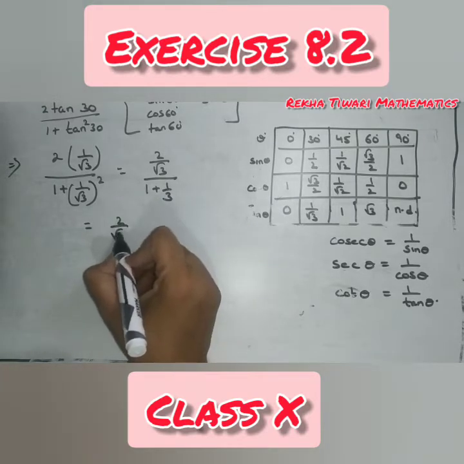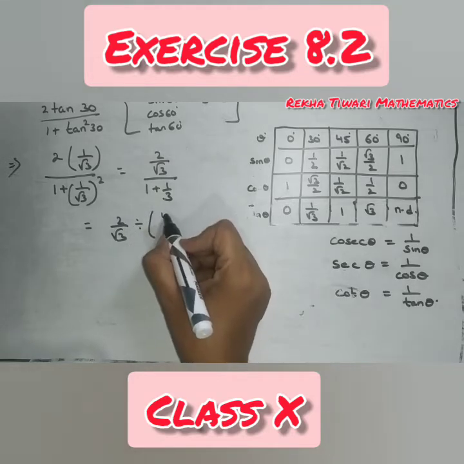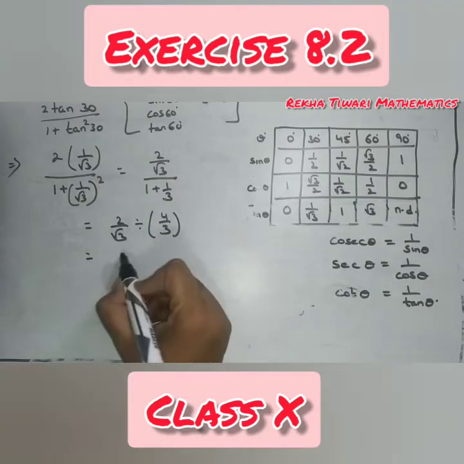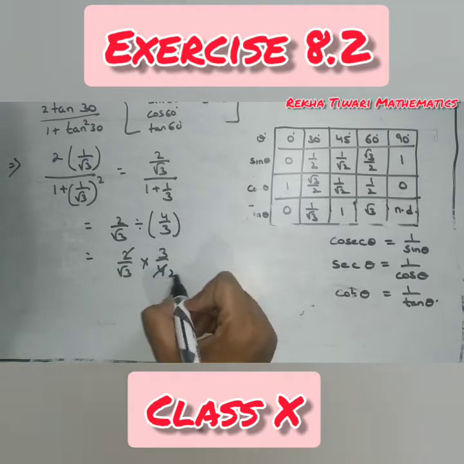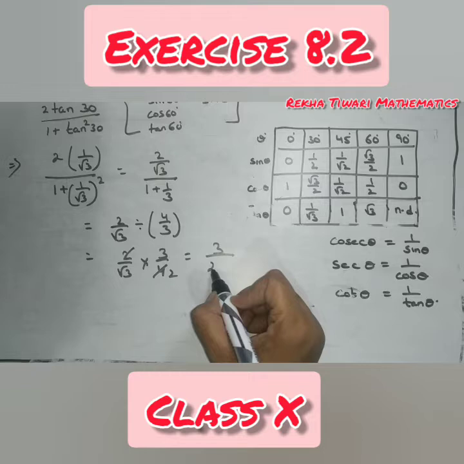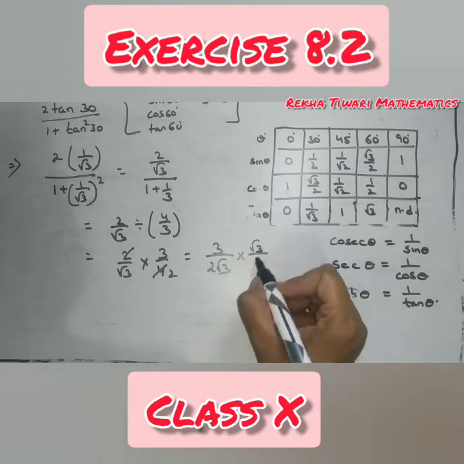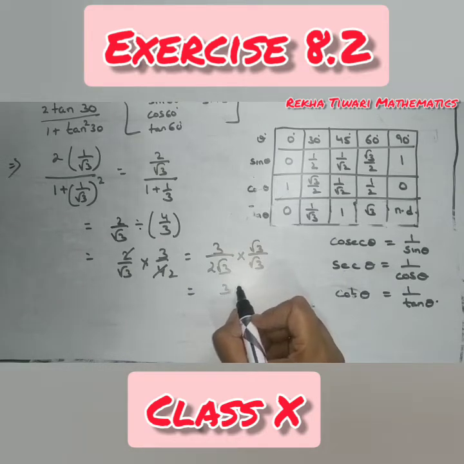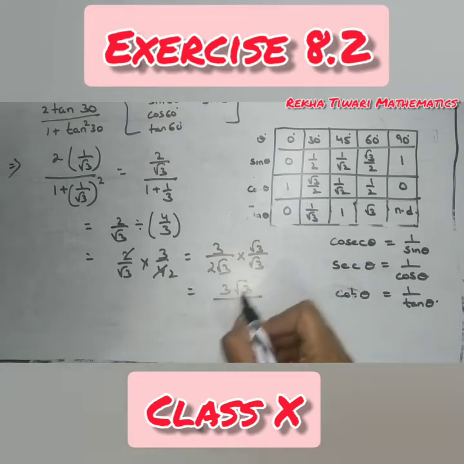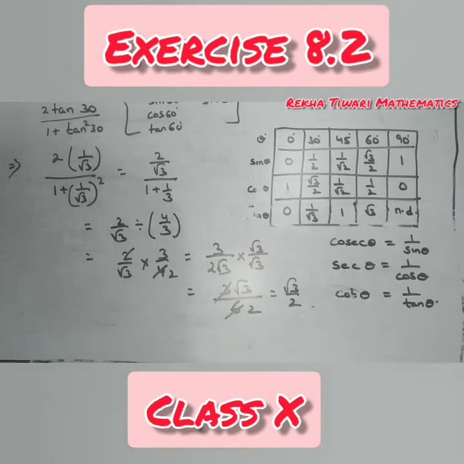This is 2 by root 3 divided by, take down the LCM of this, 4 by 3. 3 by 4 cancel. It is 3 by 2 root 3. Rationalize. This comes out to be 3 root 3 by 2 3s are 6. Cancel 2. So the answer is root 3 by 2.